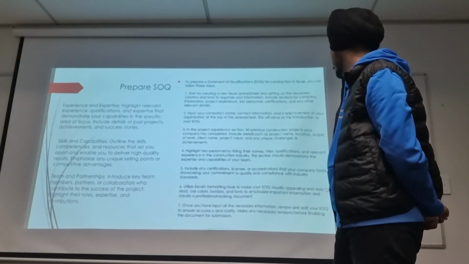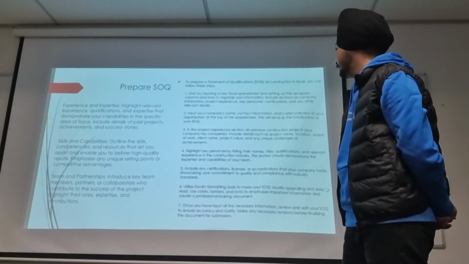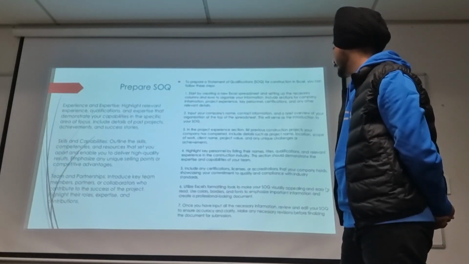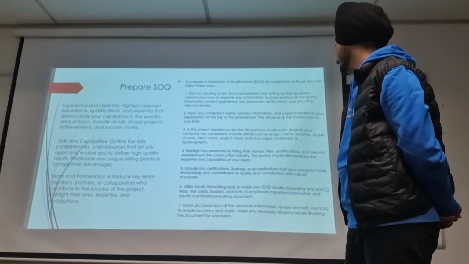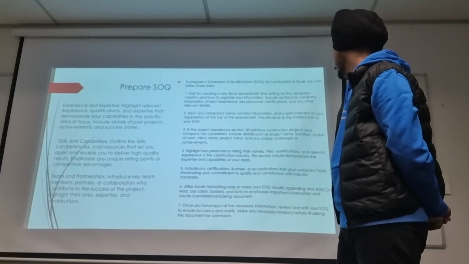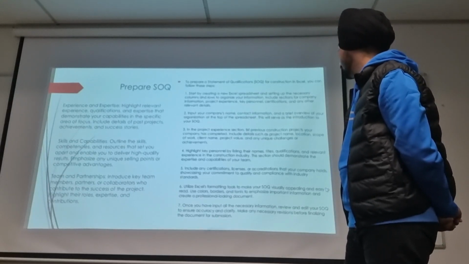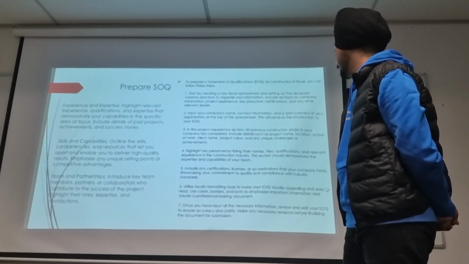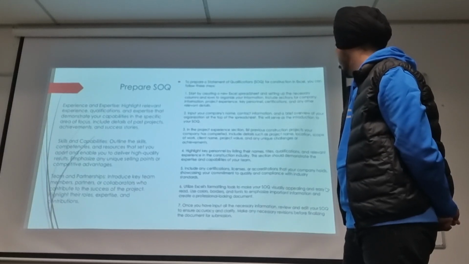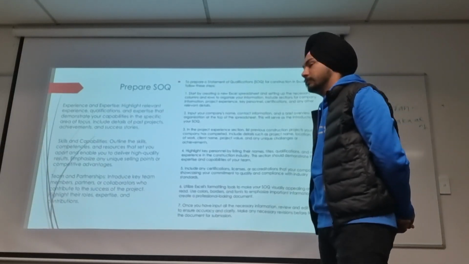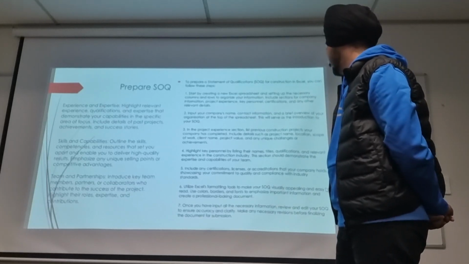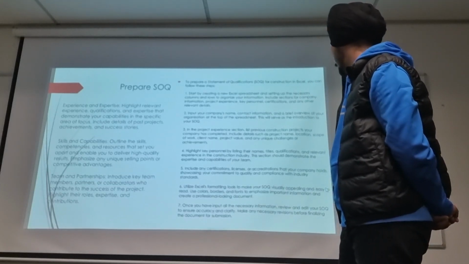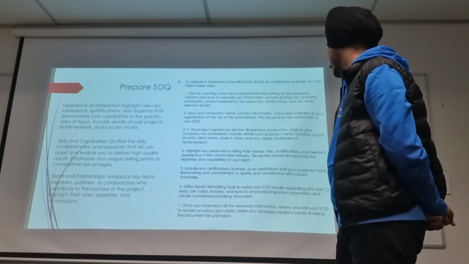This section should demonstrate the expertise and capabilities of your team. Fifth step, include any certifications, licenses, or accreditations that your company holds, showcasing your commitment to quality and compliance with industry standards.